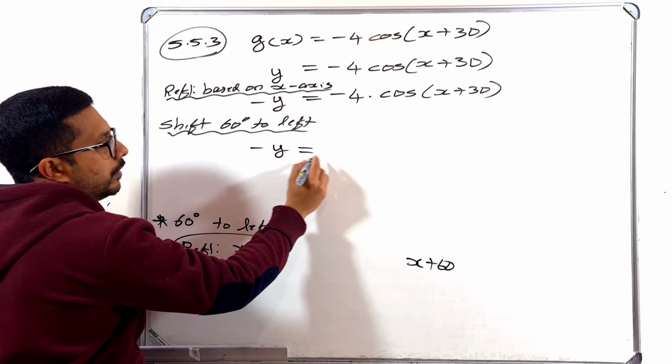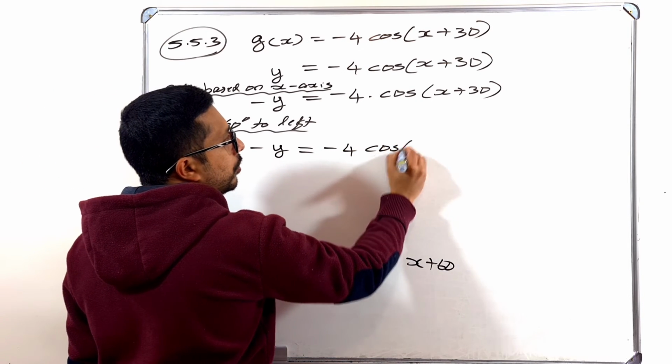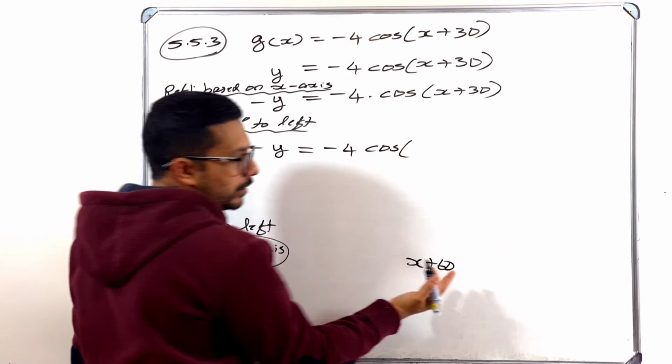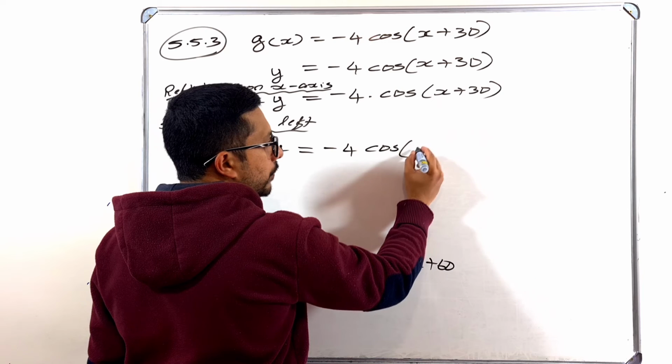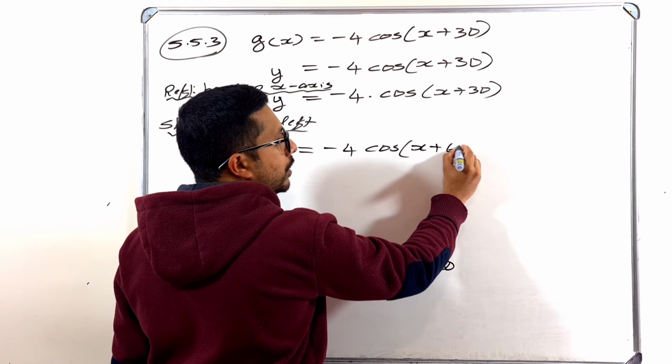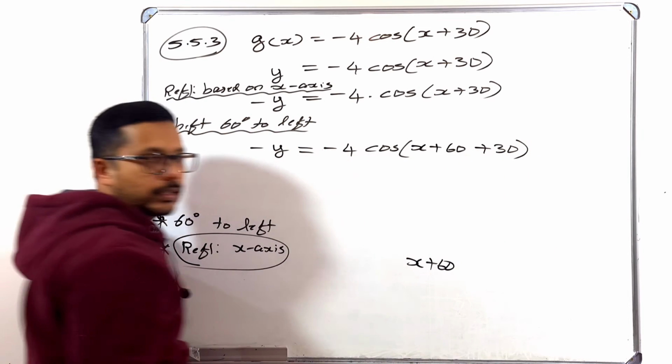Minus y is equal to minus 4 cos of this. Instead of that x, 60 degrees to the left means x plus 60. So instead of that x, I'm going to write x plus 60, then plus 30.